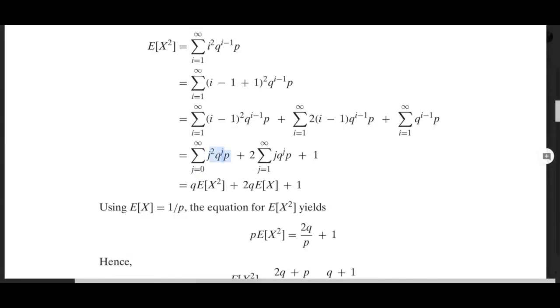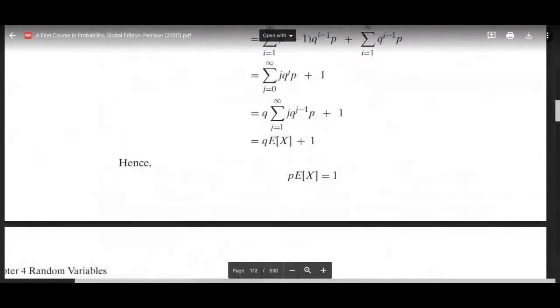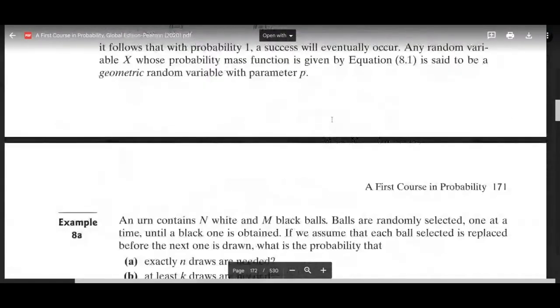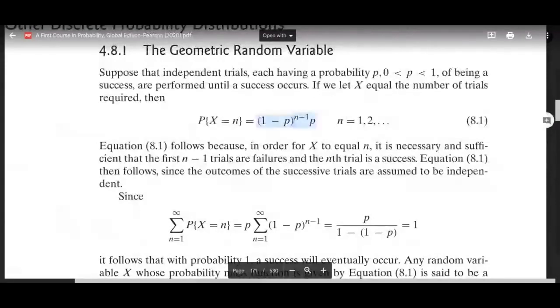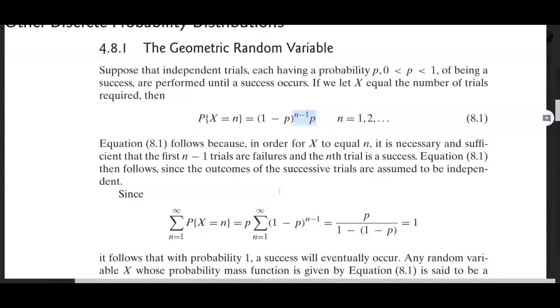Remember the formula for the geometric distribution: it's q raised to j minus 1. Until we reach R successes, we have to have R minus 1 failures. Here we have to have N minus 1 failures, so the formula has to have j minus 1.